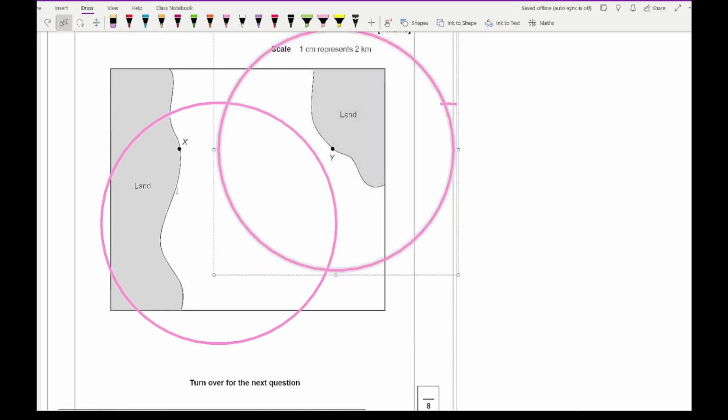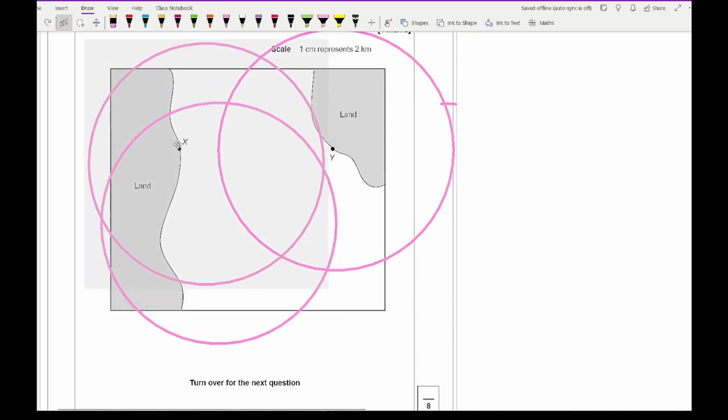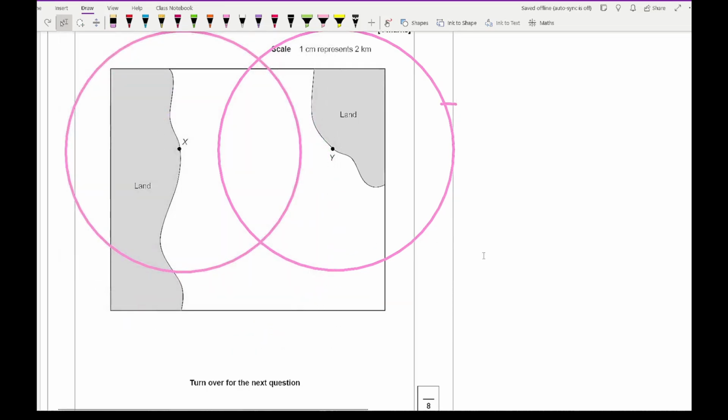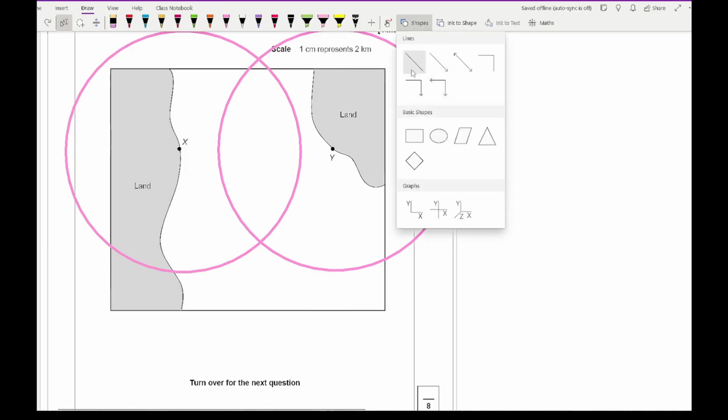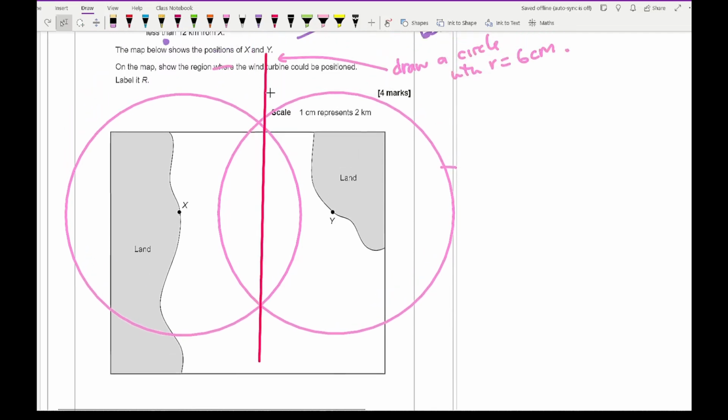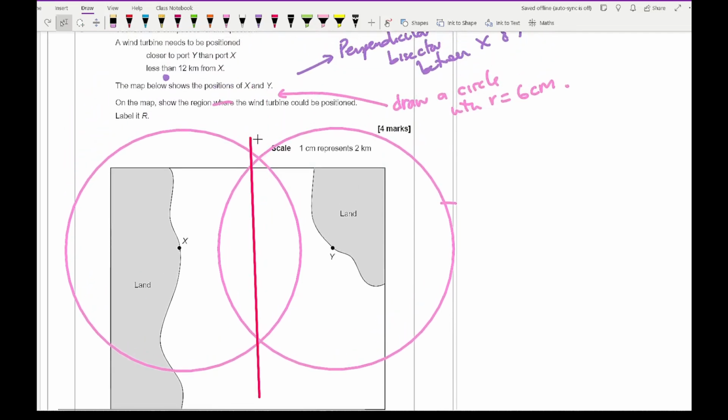Let me move that back and work it out to be about there. Those 2 circles or arcs should intersect. If I use a different color, I then draw a line through those intersection points. Anywhere along that line is going to be equidistant from X and Y.